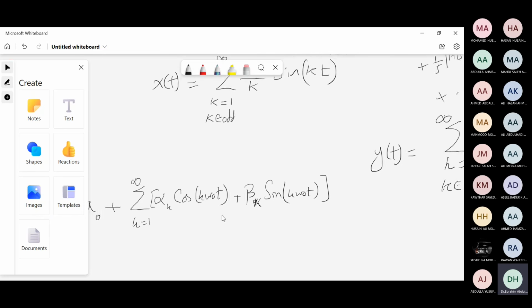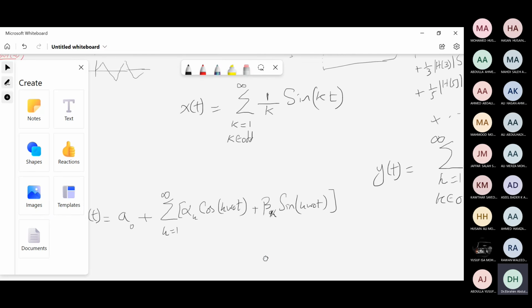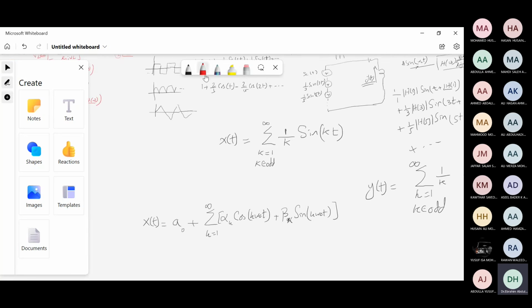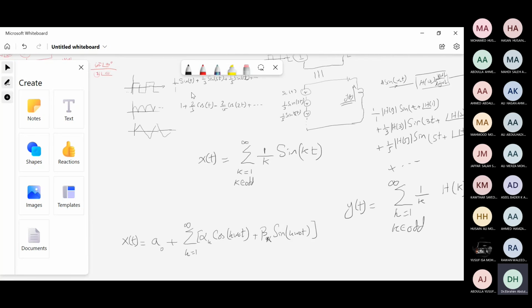This is general. Why? That's because we could have DC, same as this one, but here DC equals 0. Here we have only sine terms, which means we have beta, and alpha is all equal to 0. While in general we could have alpha and beta, so we have cosine and sine.